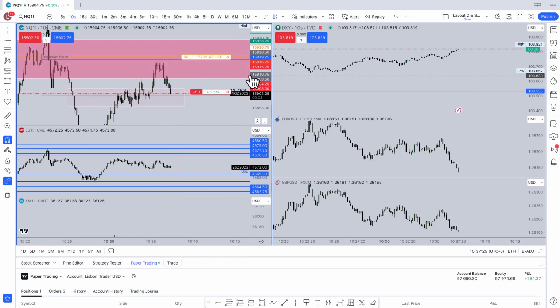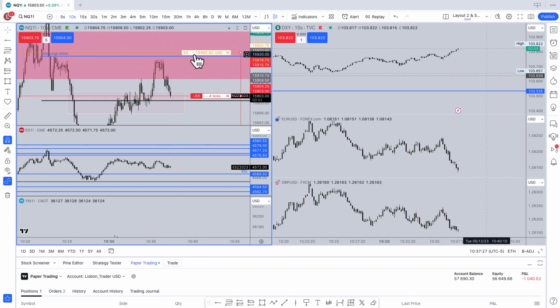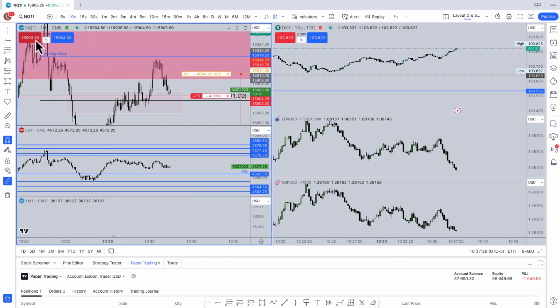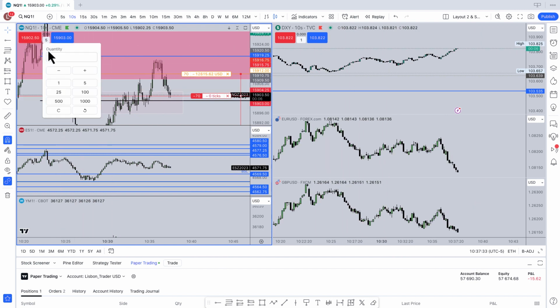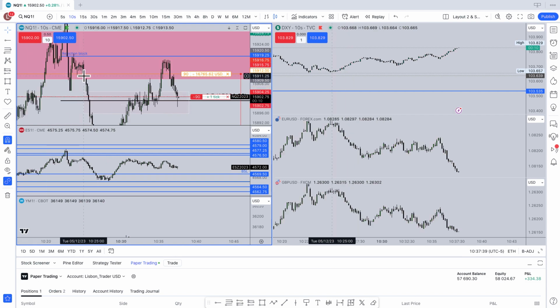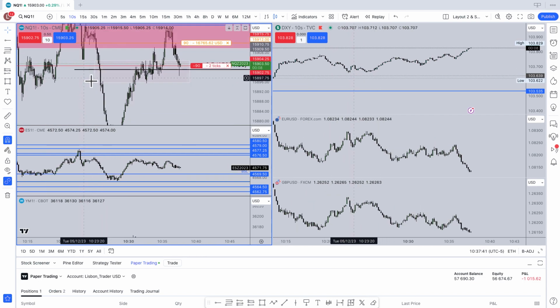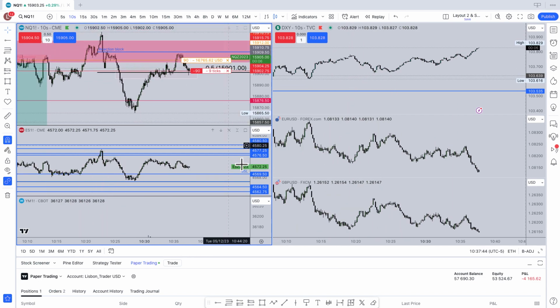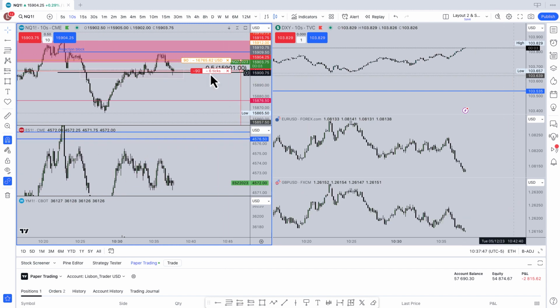It's approaching our level, let's sell some more, risk 17k. $17k, okay, there. So that's what I wanted to risk.